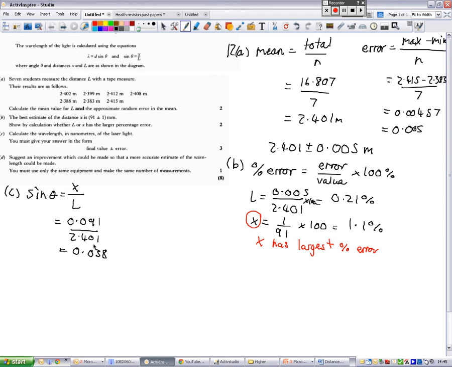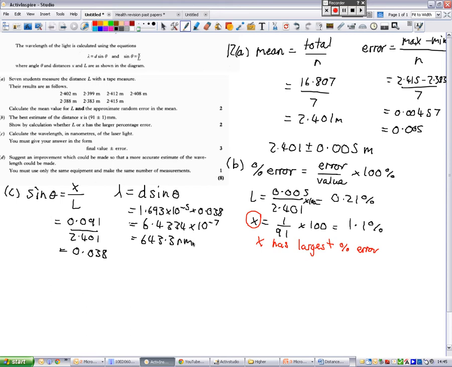From there, you need to use lambda equals d sine theta, because remember that lambda is your wavelength. If you calculate what sine theta is, you get d from the question, which is further up. I showed you that a minute ago. So that's 1.693 times 10 to the negative 5 multiplied by 0.038. So that's 6.4334 times 10 to the negative 7, which will give 643.3 nanometers.